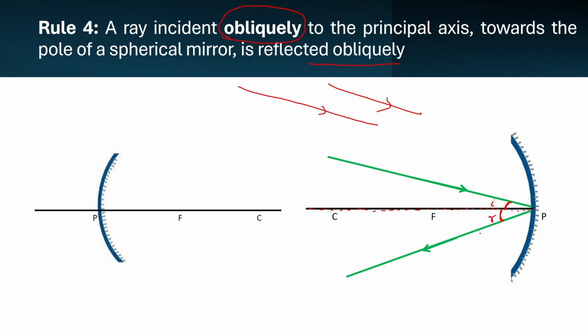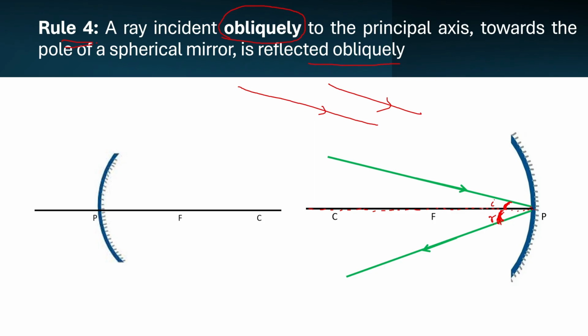Angle of reflection. So in order to satisfy this, angle i and angle r must be equal. That is, rule 4 says if a ray hits the pole of the mirror obliquely, it will reflect in such a way that the angle of incidence must be equal to the angle of reflection.